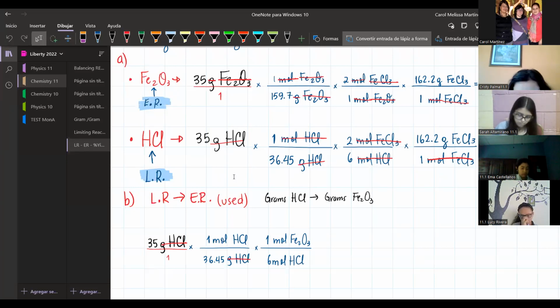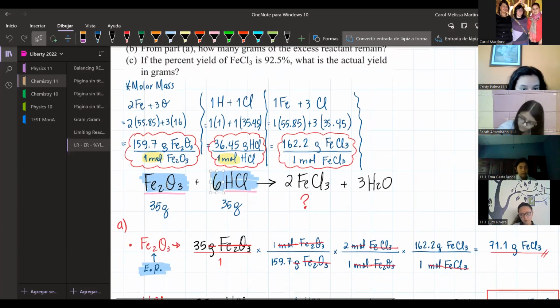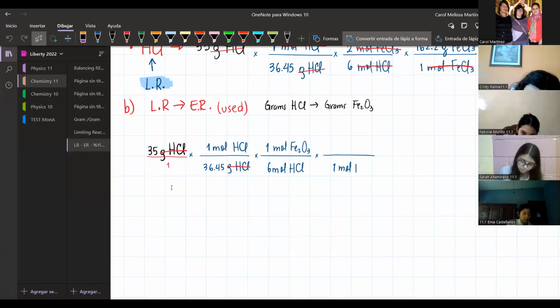Do I have the mass of iron 3 oxide? Yes, right? 159.7. Now the last part is I use the molar mass. Where do I write the moles? Down. 1 mole of iron 3 oxide has 159.7 grams of the same substance.